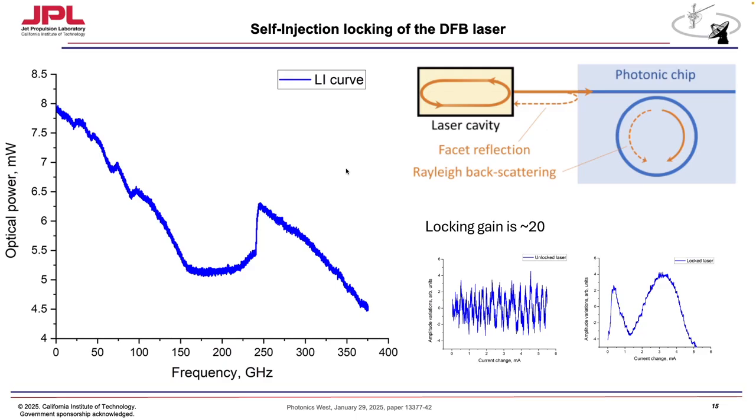If you look at the so-called LI optical characteristic, or simply the intensity of the laser versus current, transferred here to frequency units and optical power, we can see that there are certain regions that correspond to dips, where power drops because of this reflection, and in this region the laser locks to the cavity.